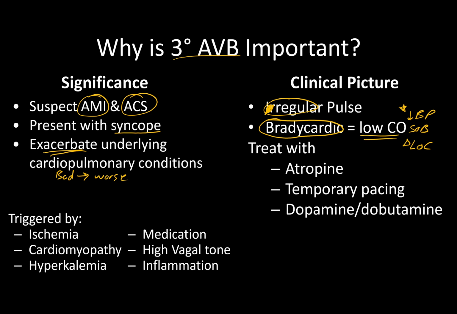Treatments, well, depends on if they're truly unstable, which they will likely be. You're going to follow ACLS. You're going to give them atropine. Atropine will probably not work at all. So be ready because temp pacing with pads is going to be your first go-to to help keep them alive.